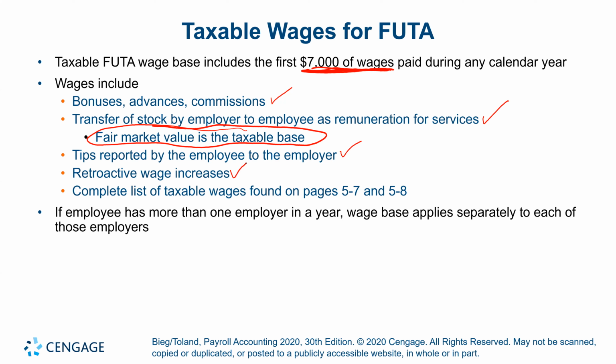Again, it shows us a more detailed list of this starting on page 7: advance payments for work to be done in the future, cash and non-cash prizes and awards for doing outstanding work, exceeding sales quotas or contributing suggestions that increase productivity or efficiency. They've got 17 different ones listed here, including Christmas gifts, excluding non-cash gifts of nominal value.